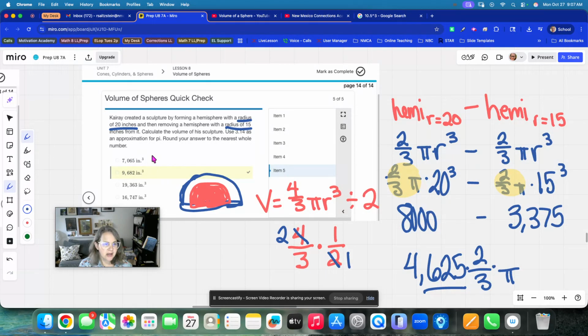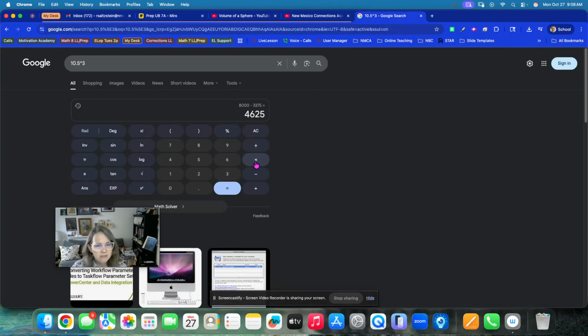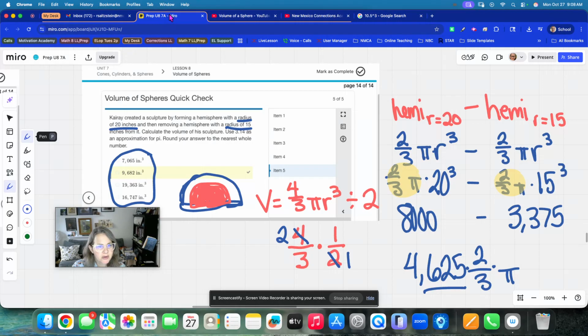Look, they have not left the answers in terms of pi, and they don't have any fractions in the answers, so I'm just going to take that number and multiply. Oh wait, did they tell me to use 3.14? Yes, they did. Look right here. Use 3.14 for pi.